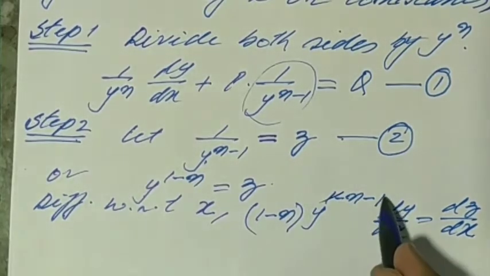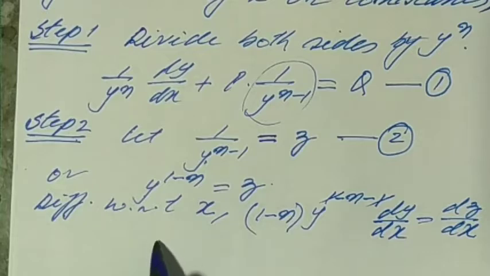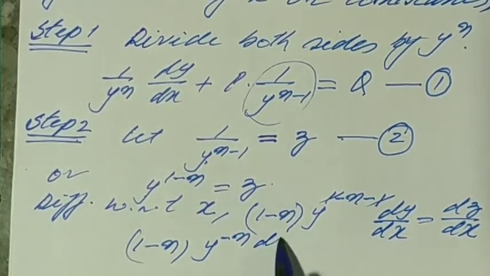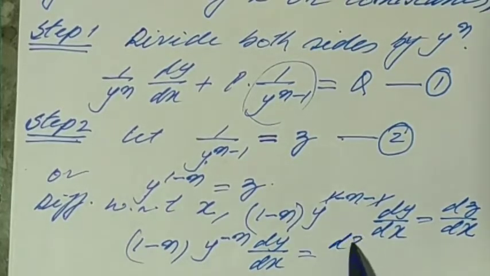This positive 1 and negative 1 cancelled, and we are left with (1 minus n) y raised to the power minus n dy/dx is equal to dz/dx.